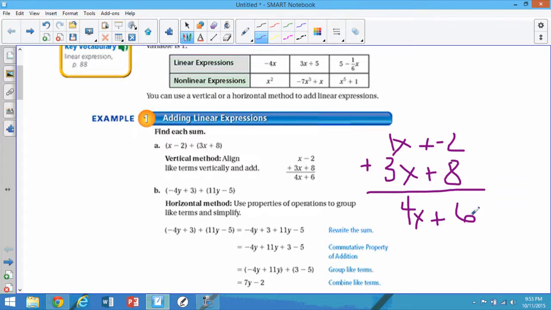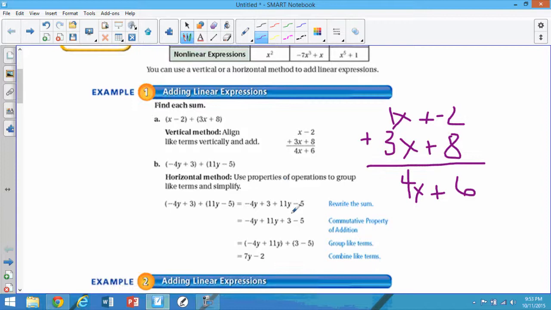That's the vertical method. The horizontal method is doing the exact same thing except that you commute the order. So if you have x plus, and I'm going to turn it to negative 2, okay, plus 3x plus 8.